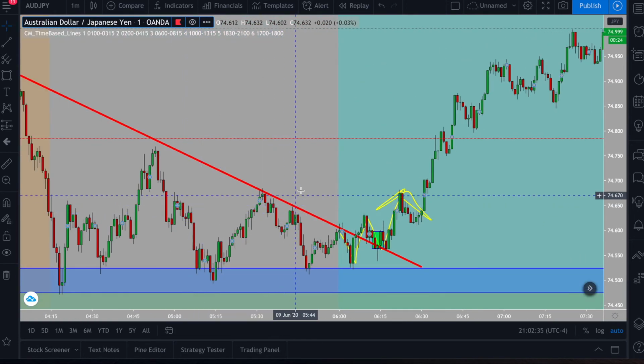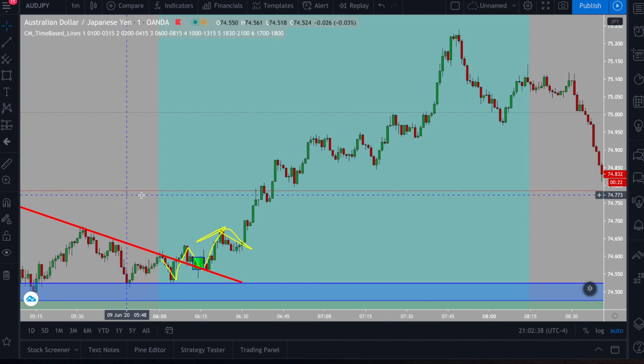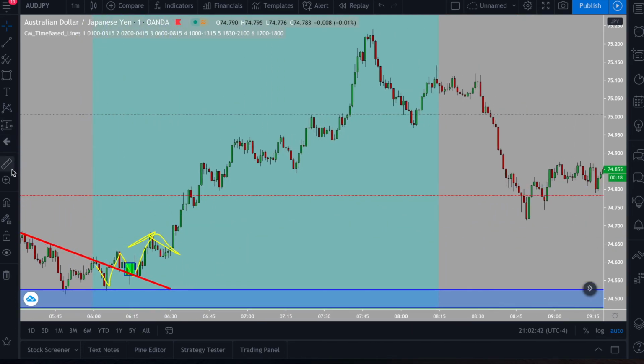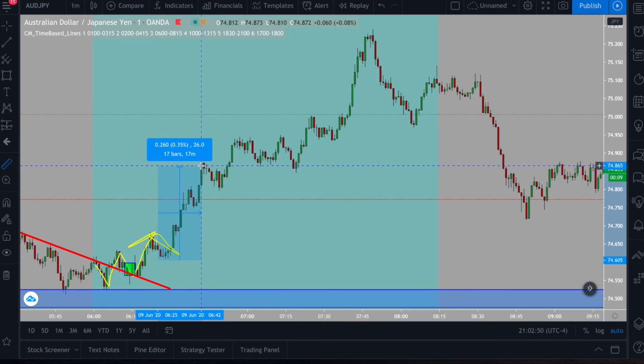the same thing applied to this pair that I did on the GJ pair. I was looking for 25 pips, which I got from my entry here. I got about 25 pips, and it was 6:42, so no more than an hour. I was already taking profit and looking to let the rest ride.